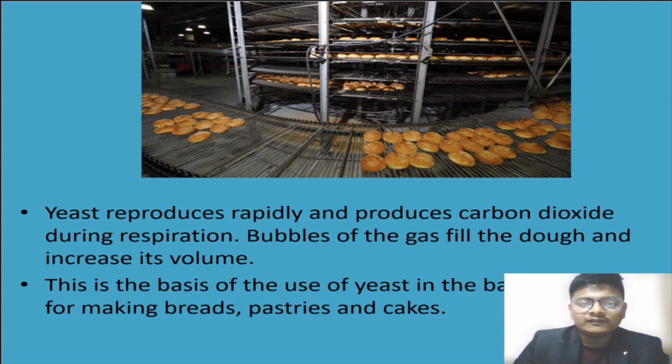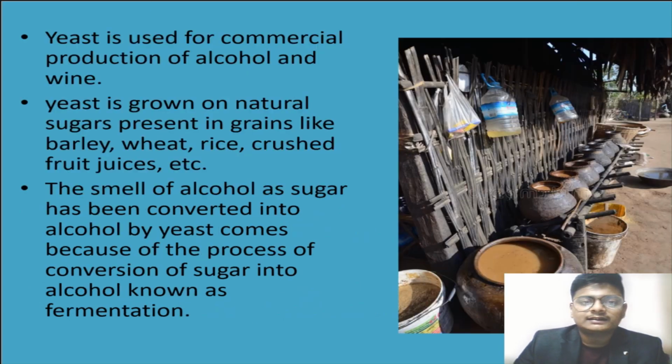When we take the dough it is very small, and after that we see the puffed cake is very large. This is the basis of the use of yeast for making breads, pastries, cakes, etc. Yeast is also used for the commercial production of alcohol and wine. Yeast is grown on natural sugar present in grains like barley, wheat, rice, crushed fruit juices, etc.